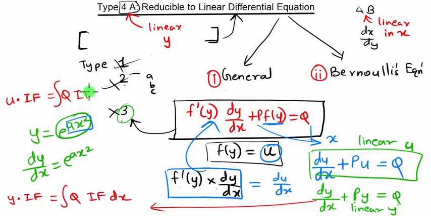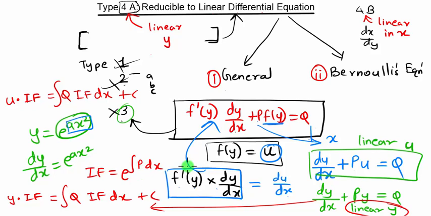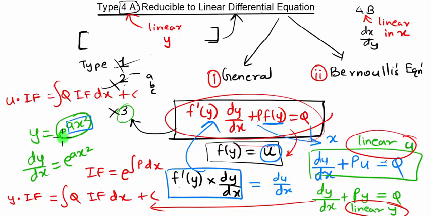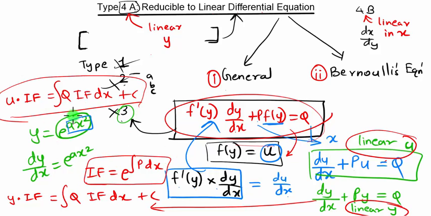In a linear equation in y, the integrating factor is e raised to integration of p dx, so this will also remain the same. As you can see, this equation was not linear, but we have made it linear by substituting this function equal to u, then it becomes linear in u. Its solution can be found by using these equations. So this is the general type.